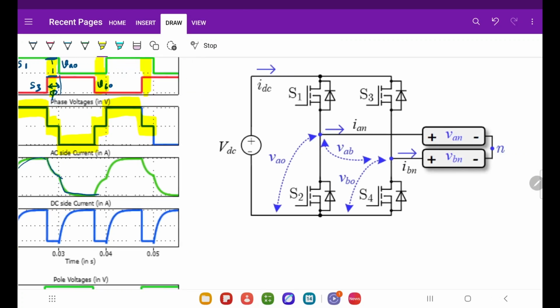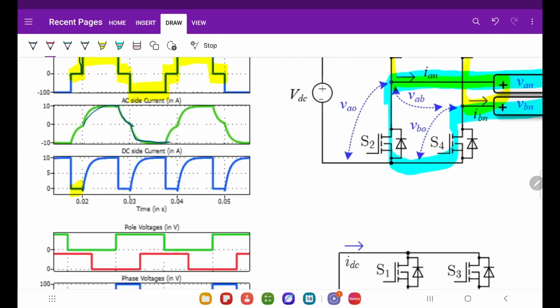So the load current completely freewheels in the top path, or the load current may also freewheel at the bottom path. When the load current freewheels, it does not go to the source, right? It freewheels among these switches. Therefore, this current is zero during this period.